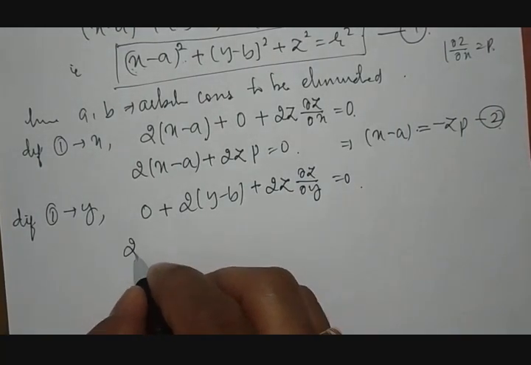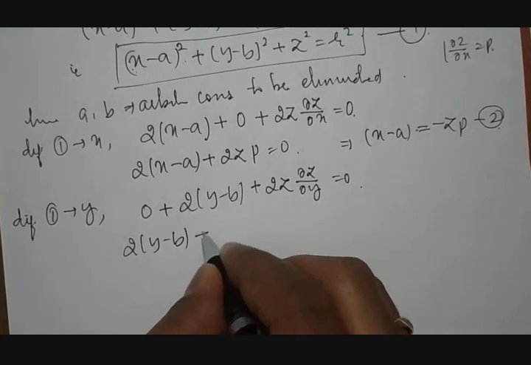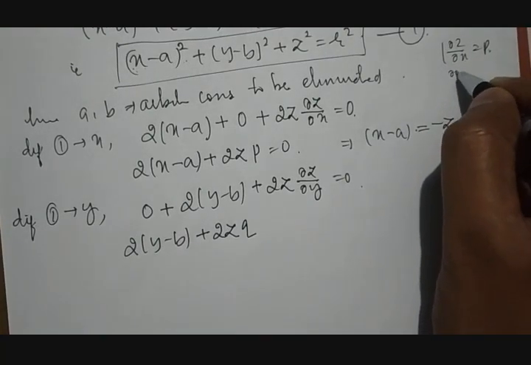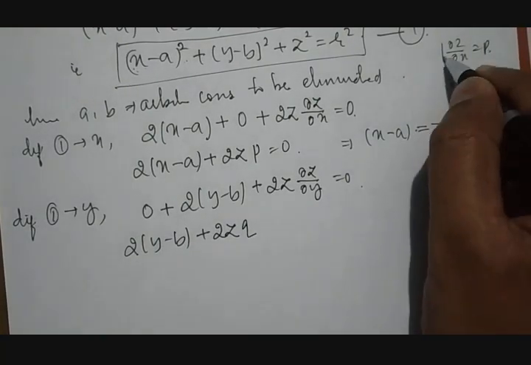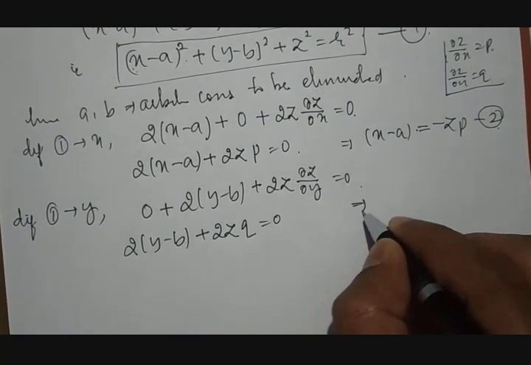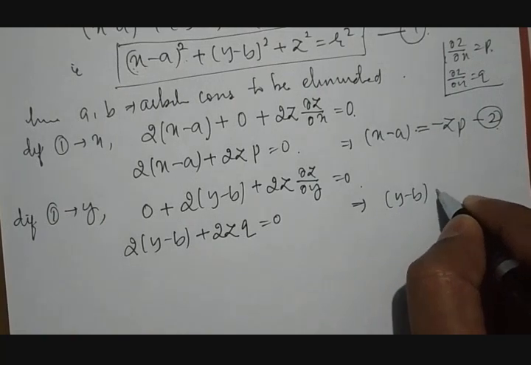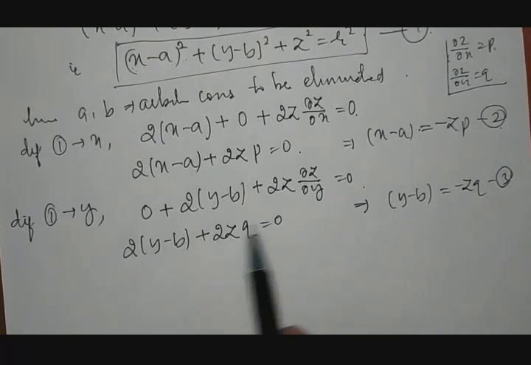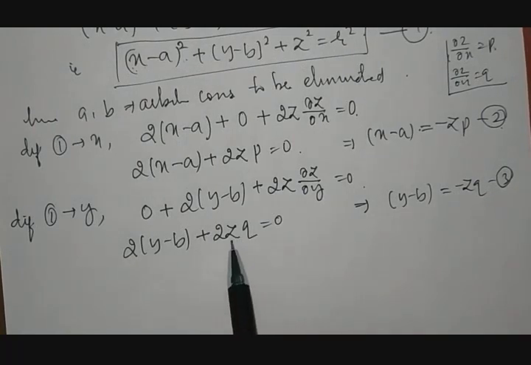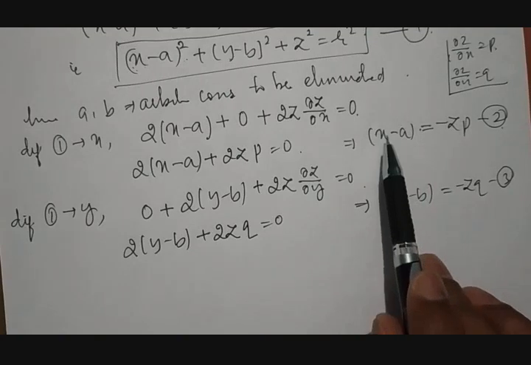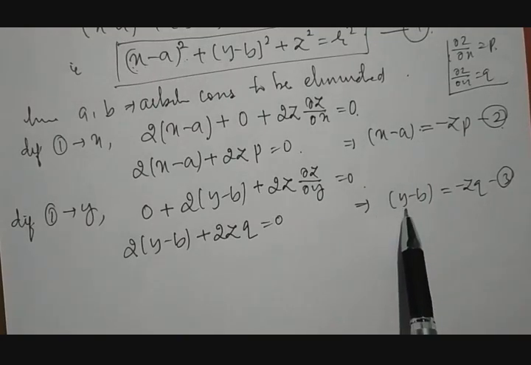That is, 2 into y minus b plus 2 into z q equals 0, because dou z by dou y is notation q. Or similarly, y minus b is equal to minus zq. We call it equation number 3. Then we got the x minus a and y minus b values.